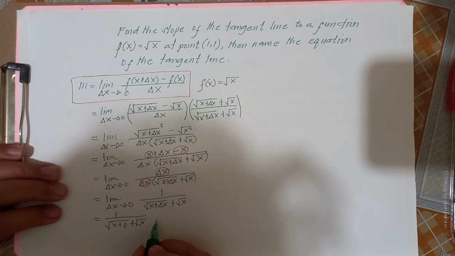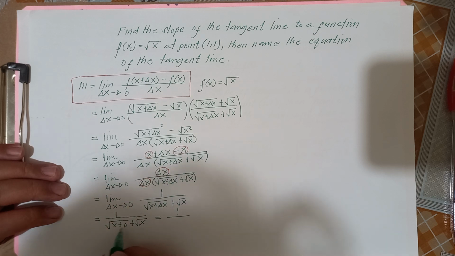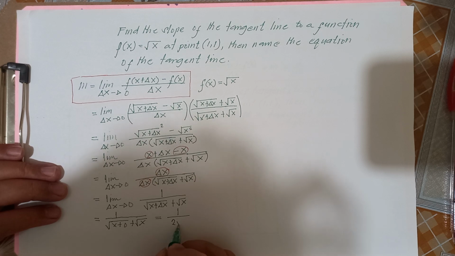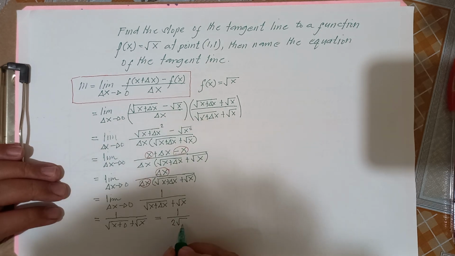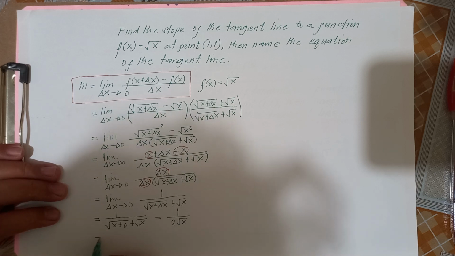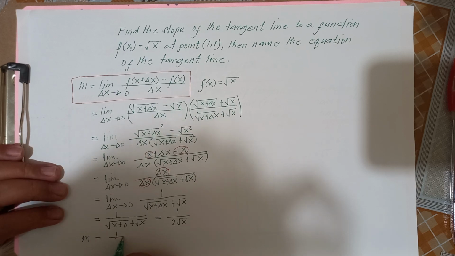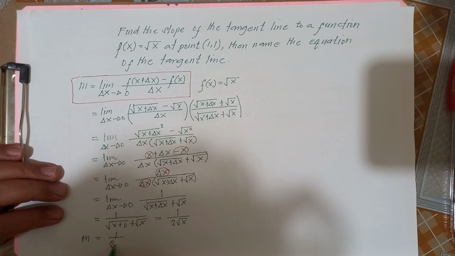How about this one? What is left? The square root of x, because that is 0, plus the square root of x. It will give you 2 the square root of x. So meaning, as we have in here, the slope now is 1 over 2 the square root of x.